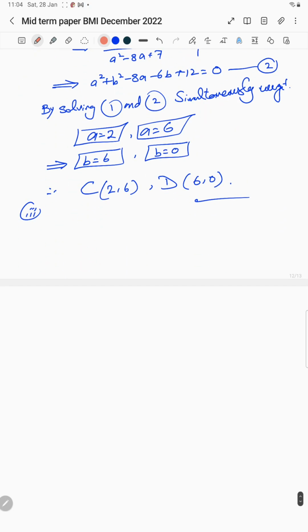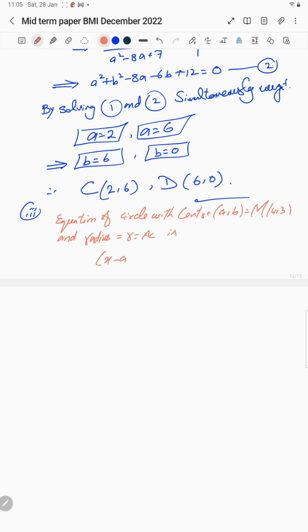So we know that the equation of a circle with center M, that is (4, 3), and radius R, suppose AC, is x minus a whole square plus y minus b whole square is equal to R square.